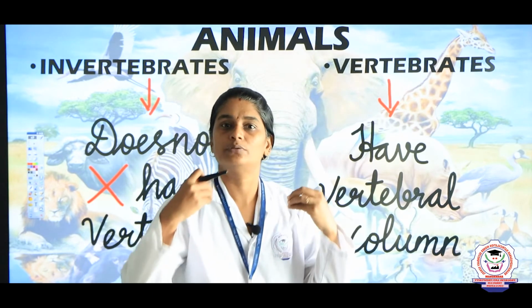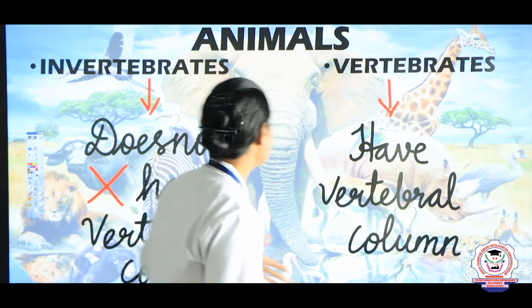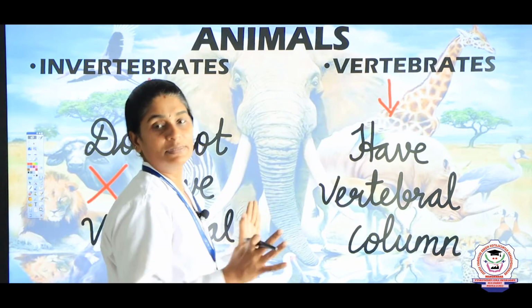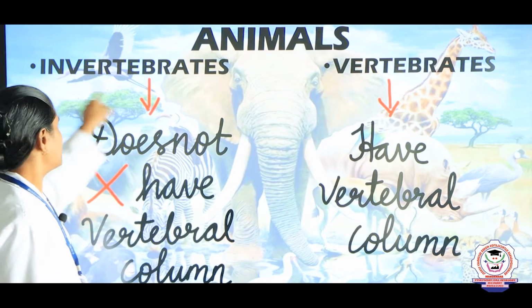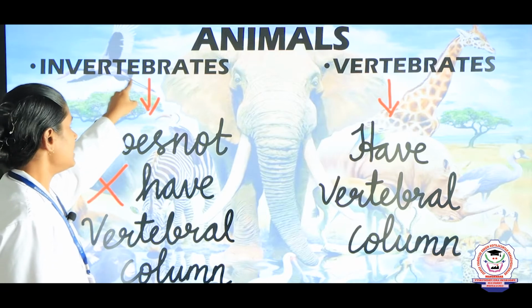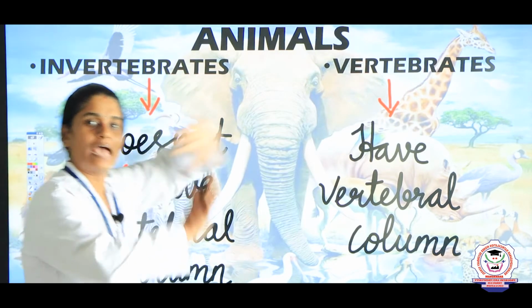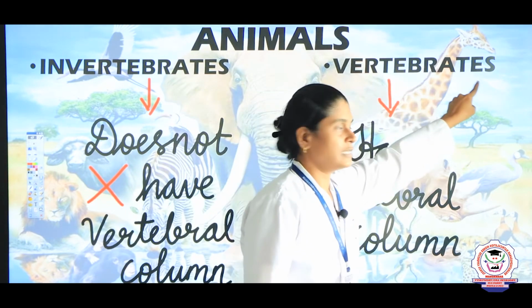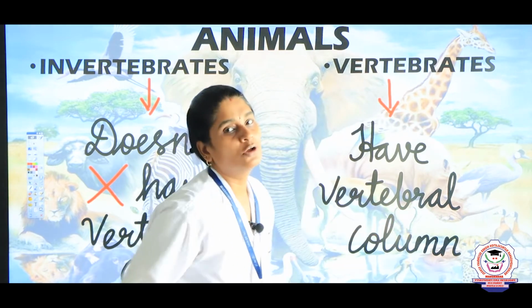When the animals do not have a backbone, when the animals do not have a vertebral column, they are called invertebrates. Invertebrates means does not have vertebral column. Vertebrates means the animals have a vertebral column.